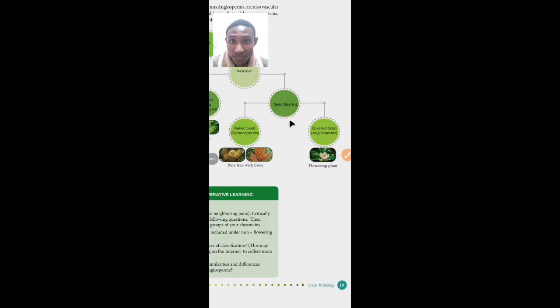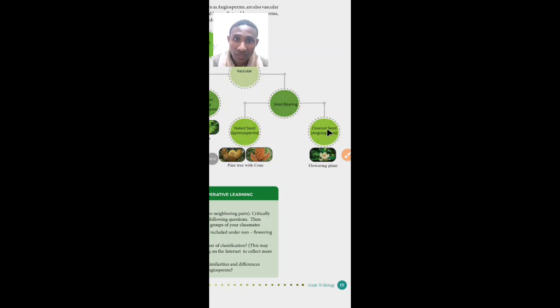When we come to the seed bearing plants, or spermatophytes, like angiosperms and gymnosperms, they can be divided into two parts: angiosperms and gymnosperms.